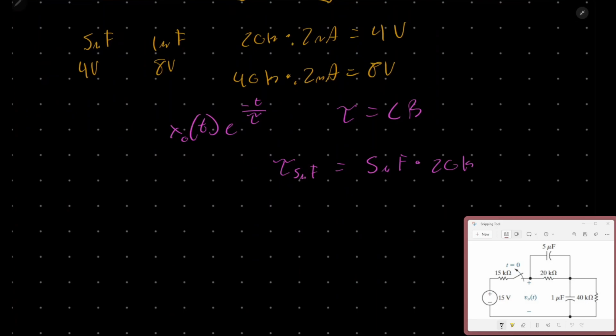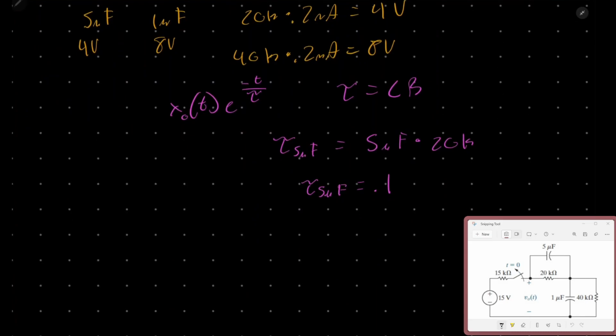Plugging that into our calculator, we get a tau for the 5 microfarad equal to 0.1.